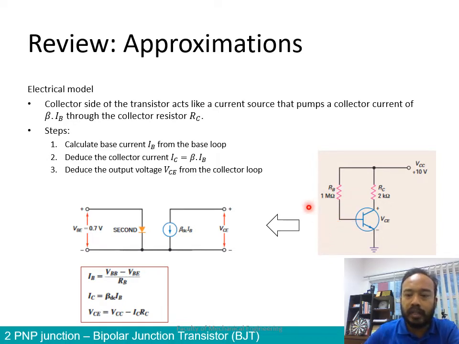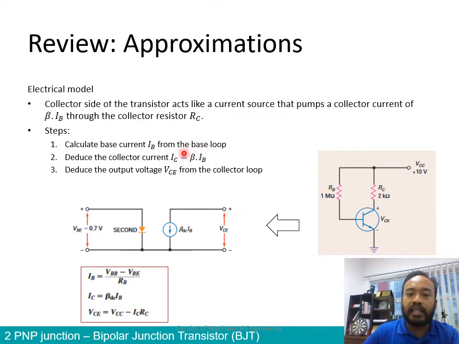From the base loop you calculate IB, using KVL. Then from IB you calculate IC by using the coefficient of current gain. The current gain will be given in the datasheet depending on the value of IB you have, as you might remember from the characteristic curve of a transistor, IC versus VCE.